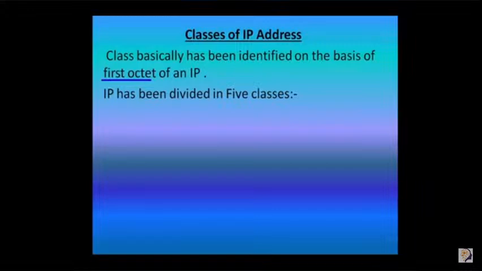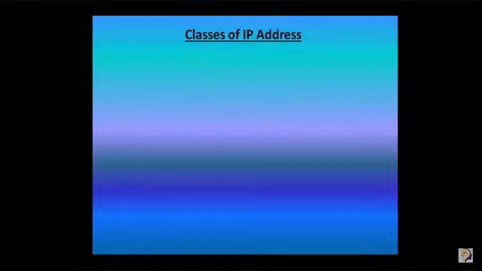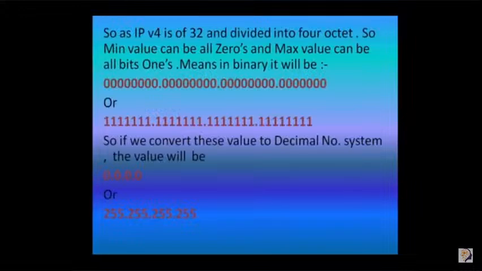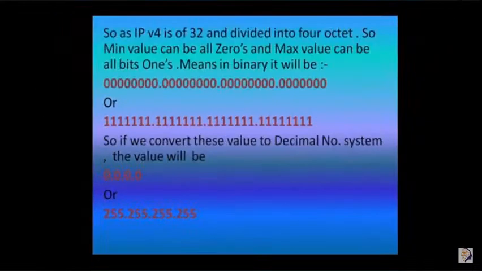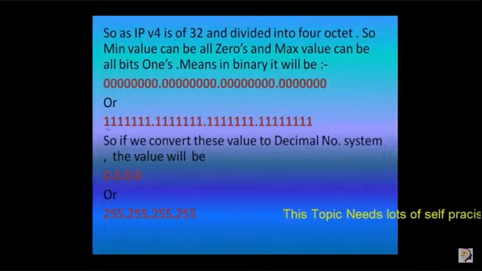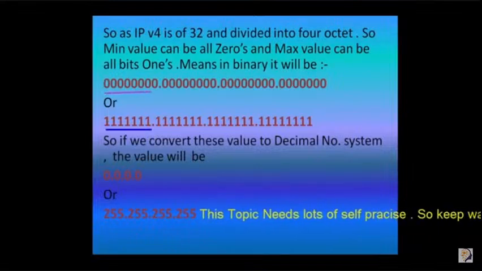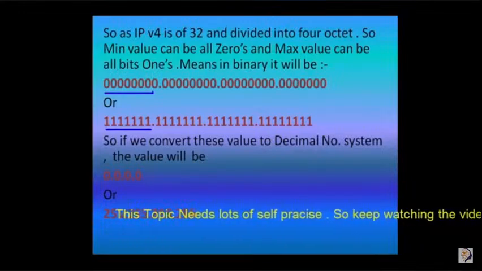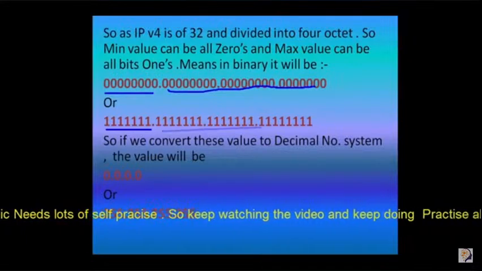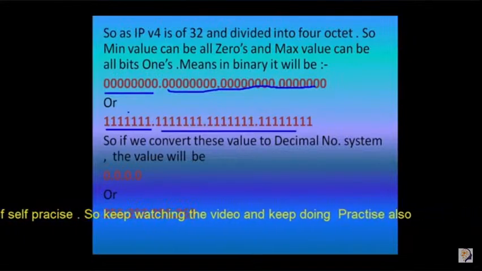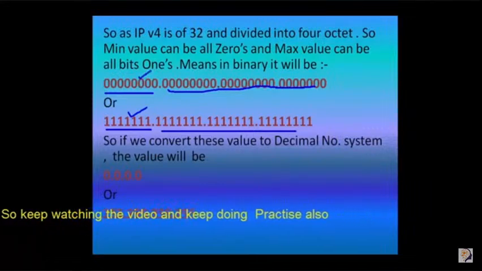In the last PPT presentation, perhaps you remember, the range is 0.0.0.0 to 255.255.255.255. For the class, the first octet of any IP identifies the class. We don't care about the other three octets.